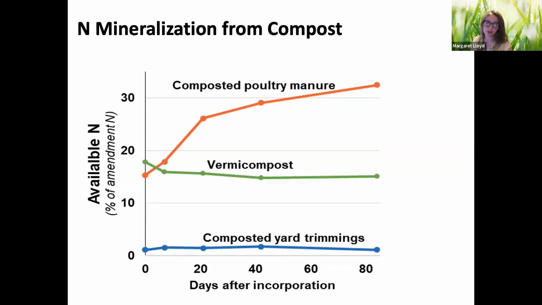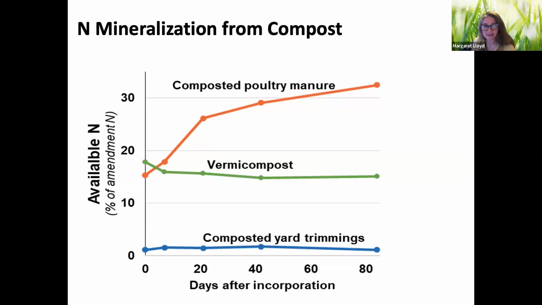But in brief, what we did in our studies is took commonly used commercial composts and added them to organically managed soil from farms in our area and also in other parts of California. And we managed them at optimum moisture and temperature for 12 weeks.